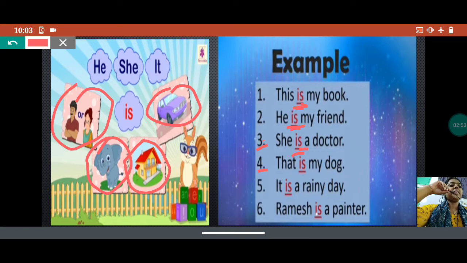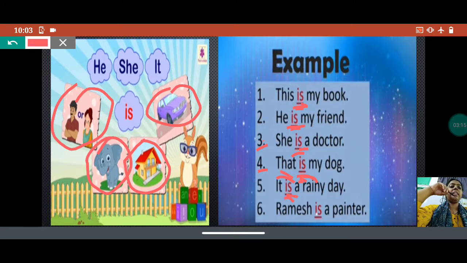Number 4, that is my dog. The person is pointing towards the dog and there is only one dog, a singular noun, and it is far away. That is why we have used is and that. Number 5, it is a rainy day. So how is the day?